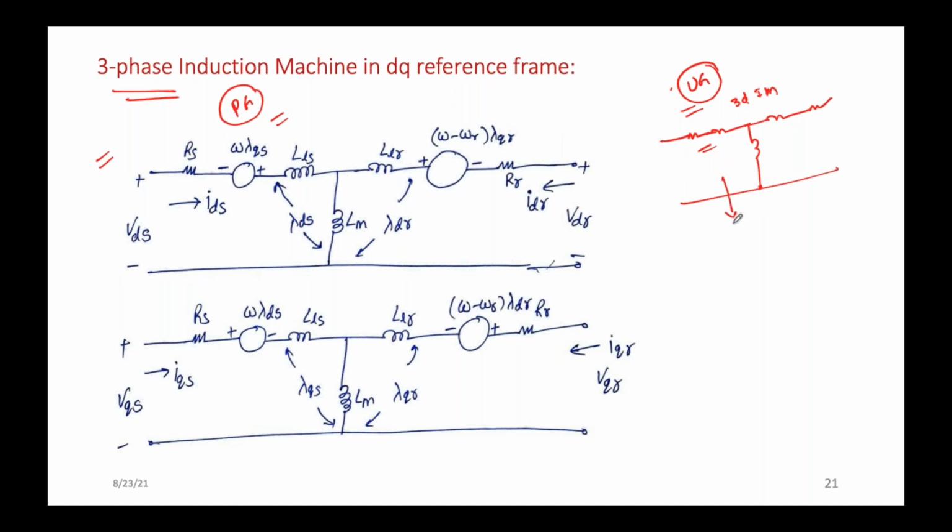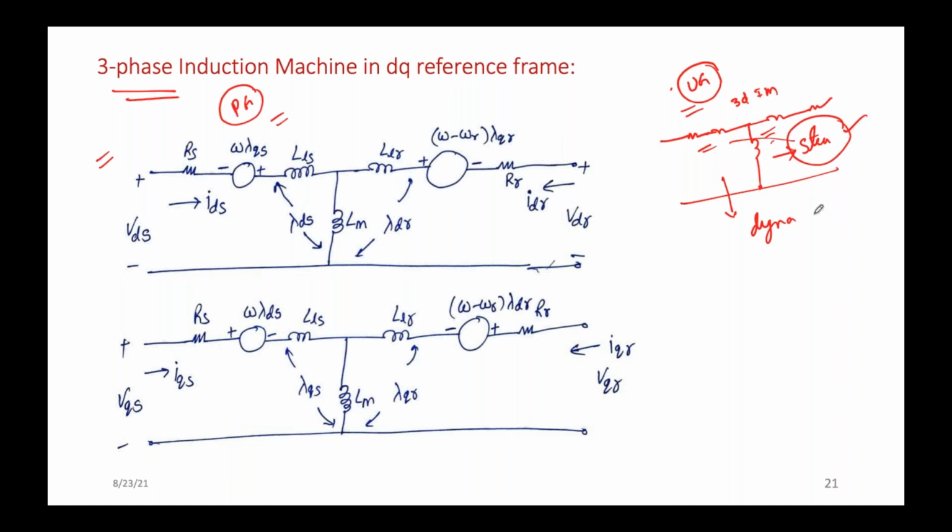Whatever equivalent circuit diagram you have studied in the undergraduate course, the per phase equivalent circuit diagram, is not applicable for dynamic condition. This equivalent circuit diagram we have derived under steady state condition. Based on the steady state operation, you have obtained this equivalent circuit diagram. It is applicable for only steady state analysis.